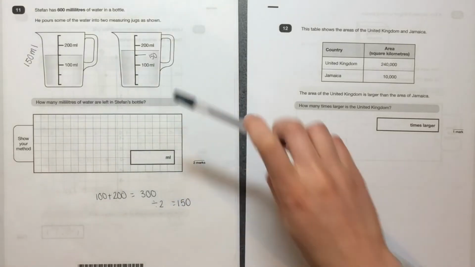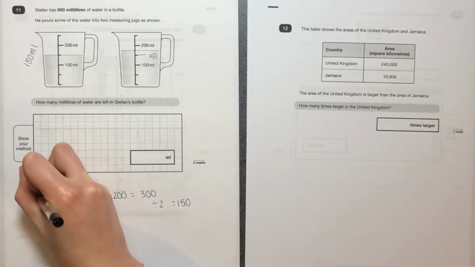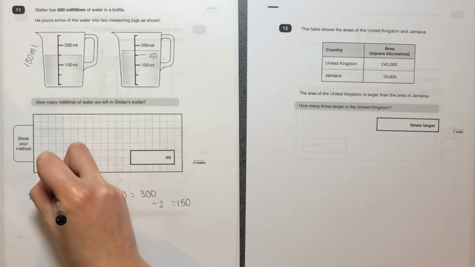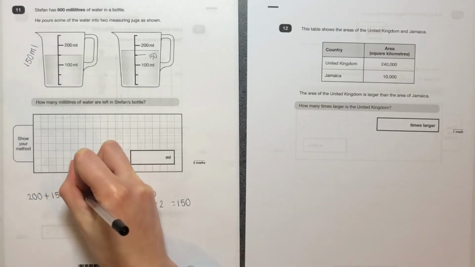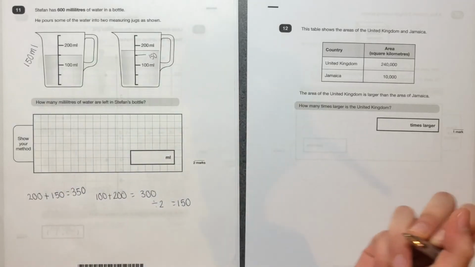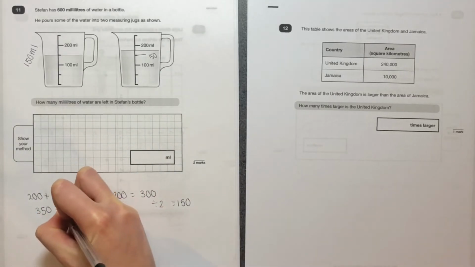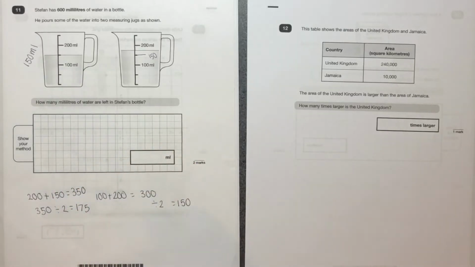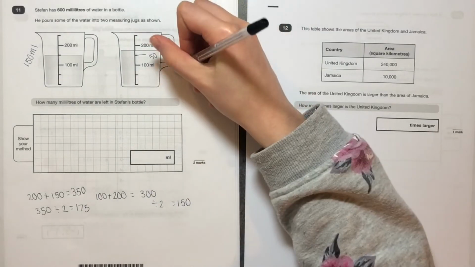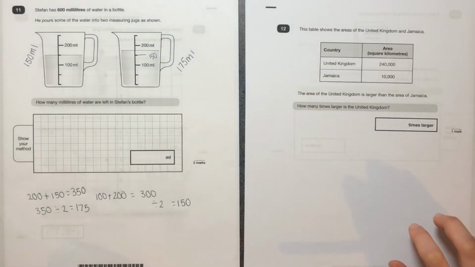And we can do the exact same for this one. 200 plus 150 gives us 350. 350 divided by 2 gives us 175. So this jug has 175 millilitres of water.